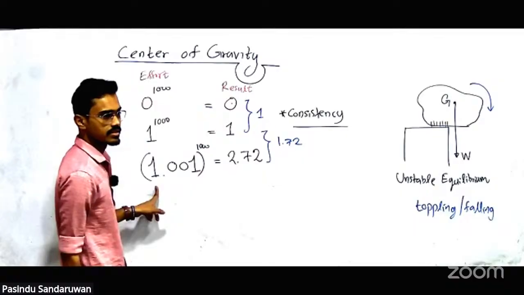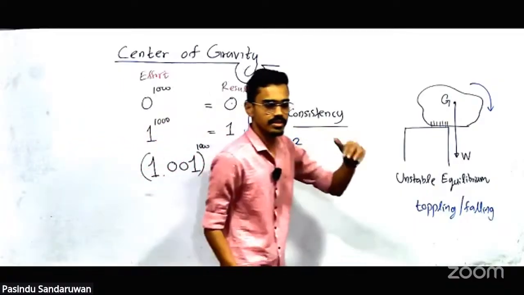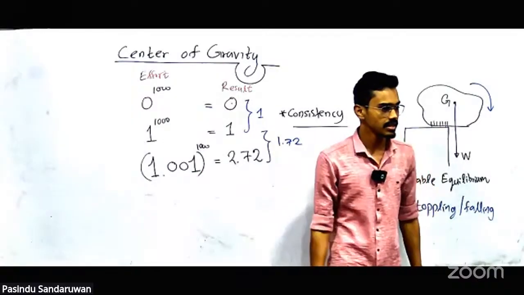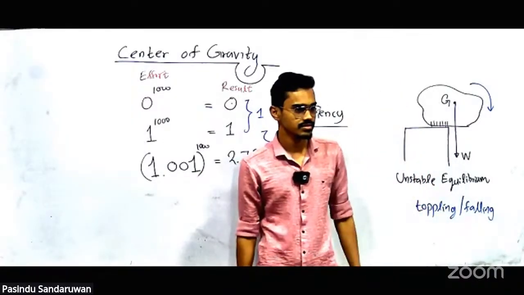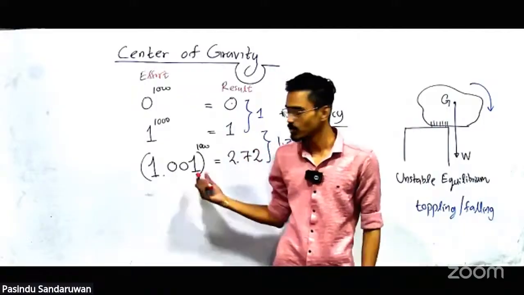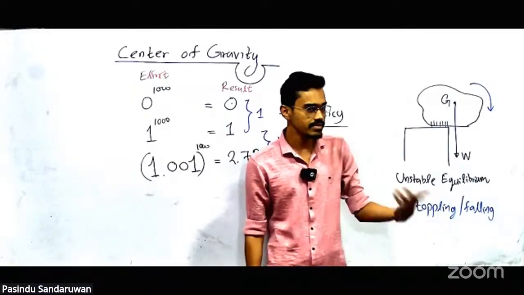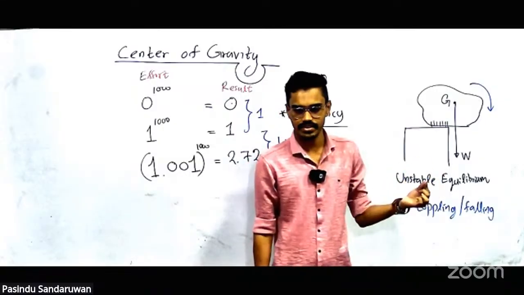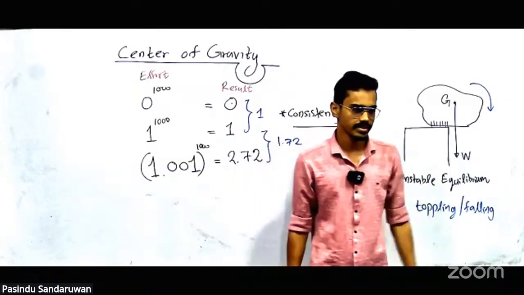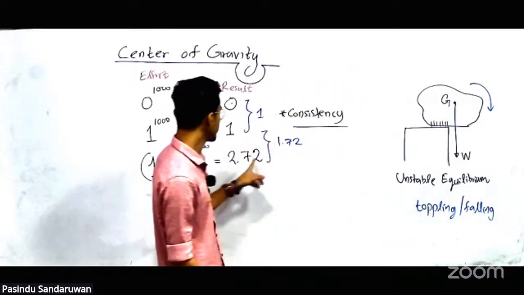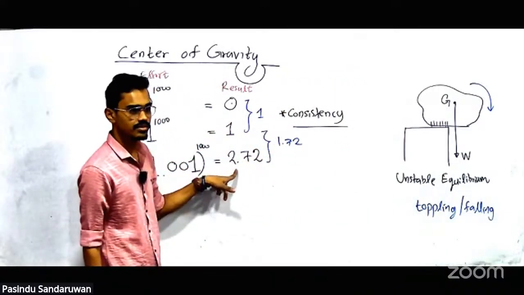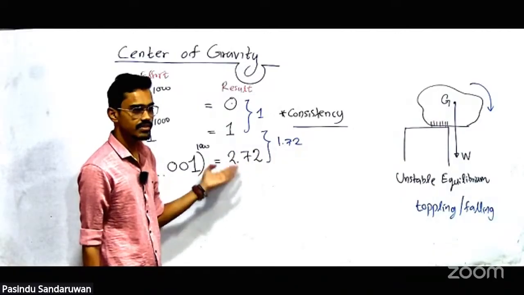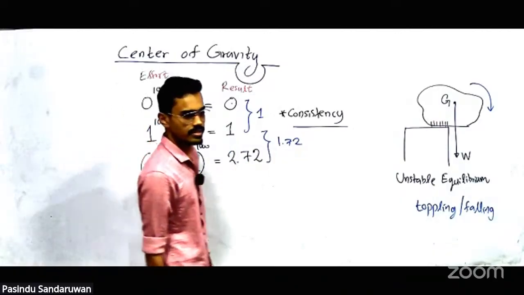Compared to one, you increase your effort by 1 over 1,000. My increment is 1 over 1,000, that is 10 to the minus 3. Now you have increased your effort by a very small bit, and this is more than double, approximately triple.